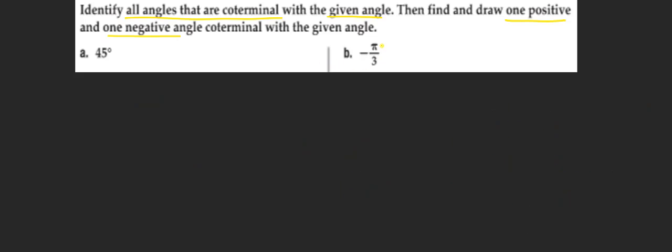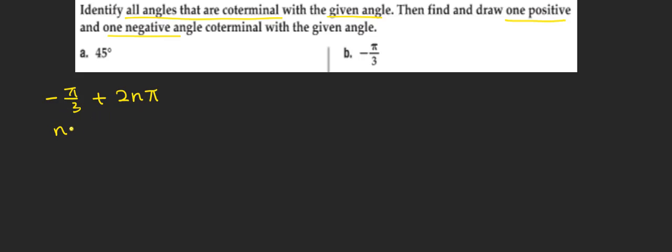Now, what if the angle is negative pi over 3? What are all the coterminal angles? It's going to be negative pi over 3 plus 2n pi, where n is an integer. So this will give you all the coterminal angles with negative pi over 3. Now we need to draw one positive and one negative angle coterminal with negative pi over 3.